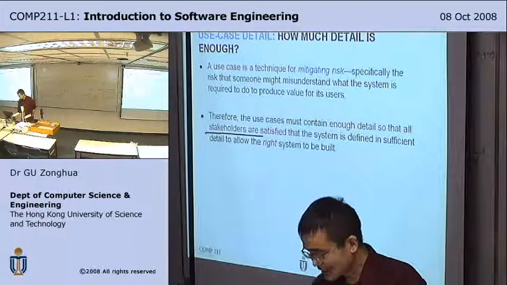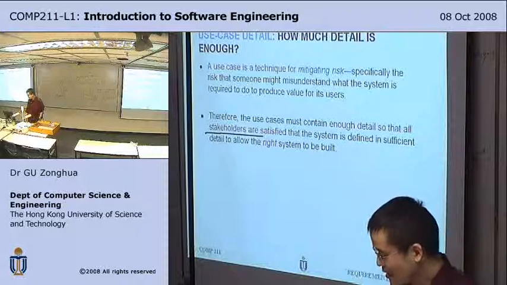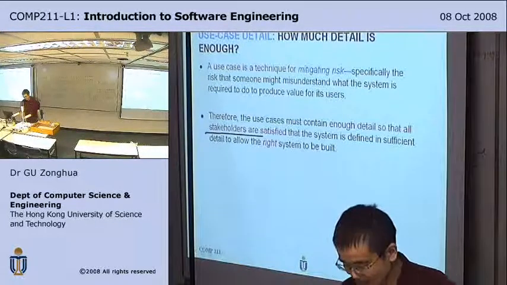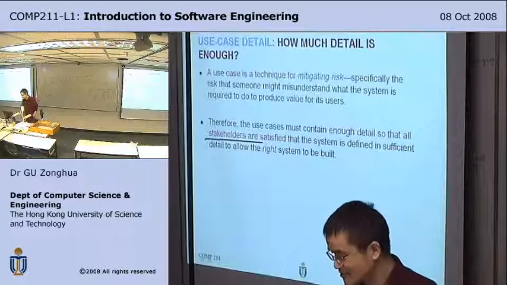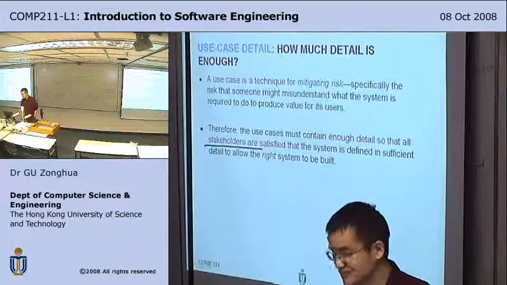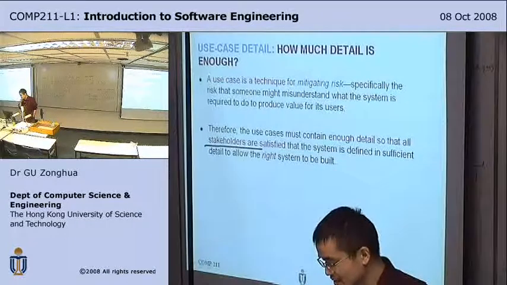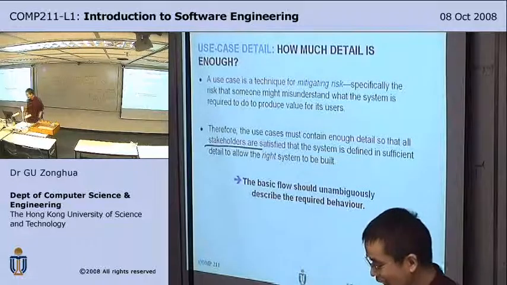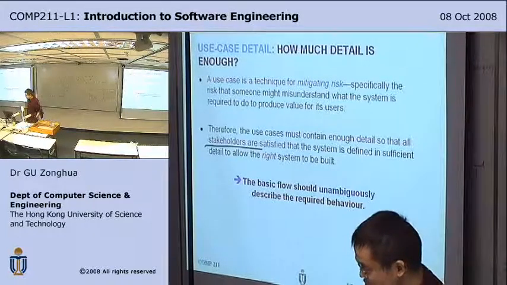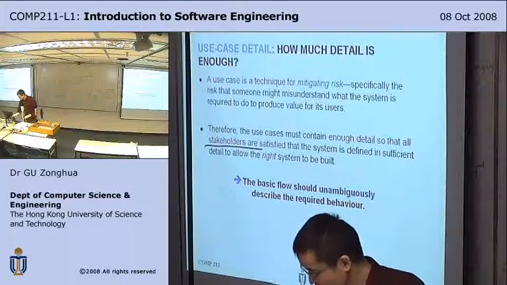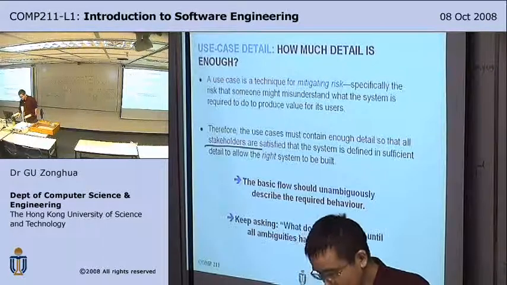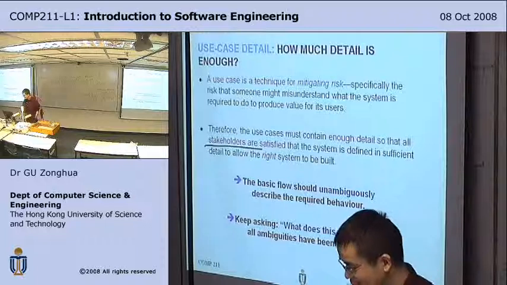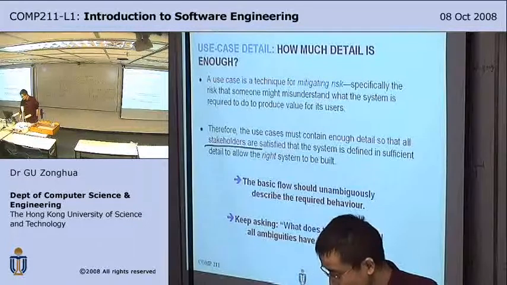So everyone should understand it to a level where at the end you know that the system is the right system to be built. Therefore, the basic flow should unambiguously describe the required behavior. So you should keep asking, what does this mean, until all the ambiguities have been resolved.